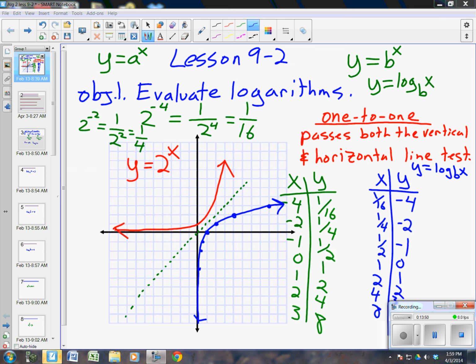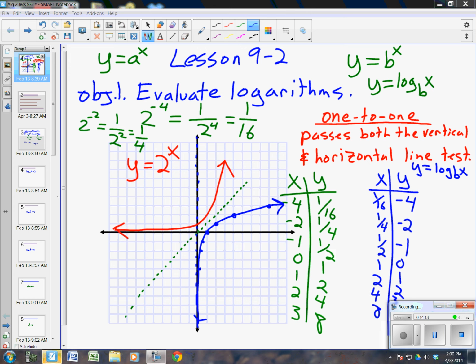Now notice, can this logarithmic function ever cross the y-axis? What's keeping it from doing that? An exponent, right? I mean, not an exponent, an asymptote. There's an asymptote there. Why is there an asymptote there?